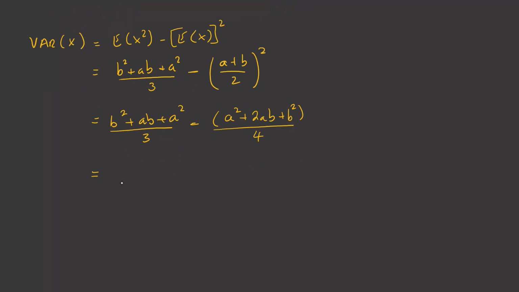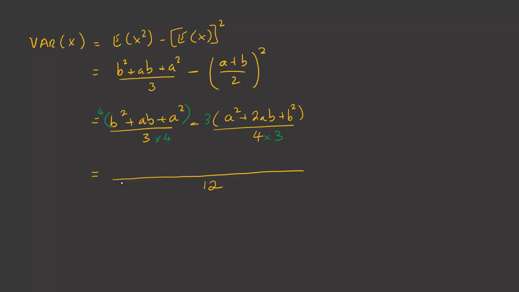Now for 3 and 4 we would have a common denominator of 12. We'll have multiplied the bottom of this by 4, and therefore we need to multiply the top of that by 4. And we'll have multiplied the bottom of this by 3, so we need to multiply the top by 3.